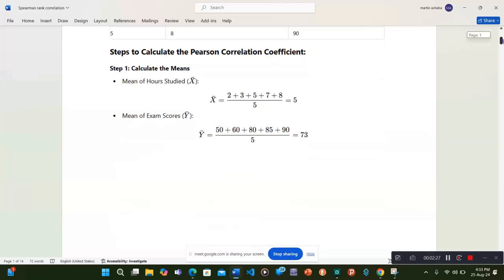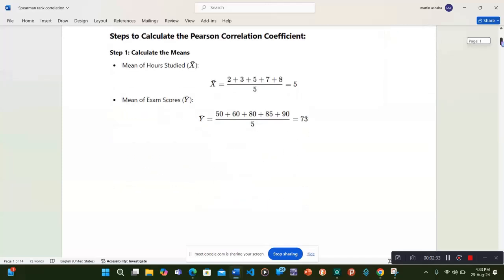Then you can also do the same for the Pearson correlation coefficient. Here we shall need to determine the sum of the values divided by their number. We are using this formula: r is equal to the sum of X minus X bar into Y minus Y bar.